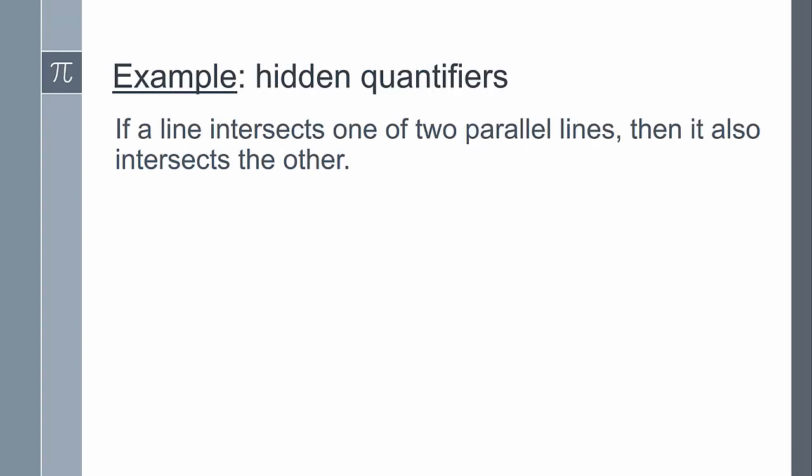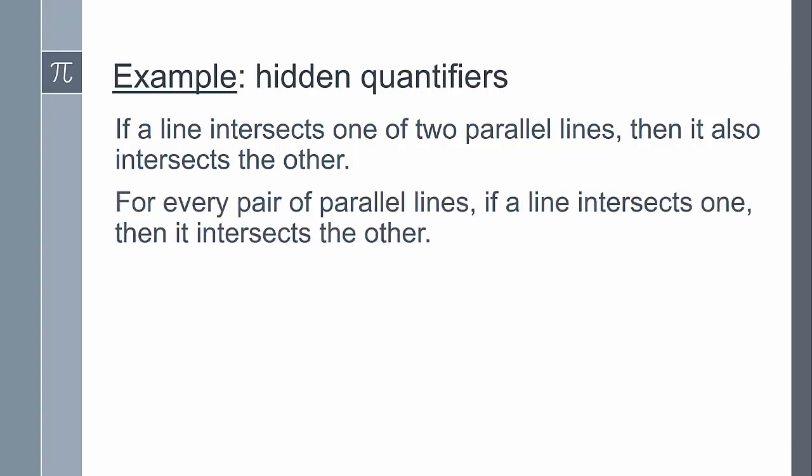For example, the statement: if a line intersects one of two parallel lines, then it also intersects the other. This mathematical statement hides some quantifiers about all parallel lines. In order to negate this, I would like to rephrase it so I don't hide the quantifiers.